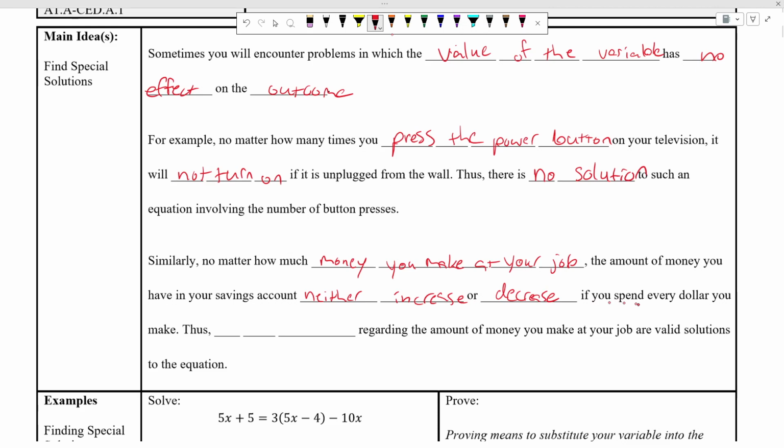So if you spend every dollar you make, whatever's there originally will still remain there. Thus, all real numbers regarding the amount of money you make at your job. You could make minimum wage, you could make $1 billion. It doesn't matter because if you spend every dollar you make, the value of your savings account will not fluctuate. It will be the same as it always was.